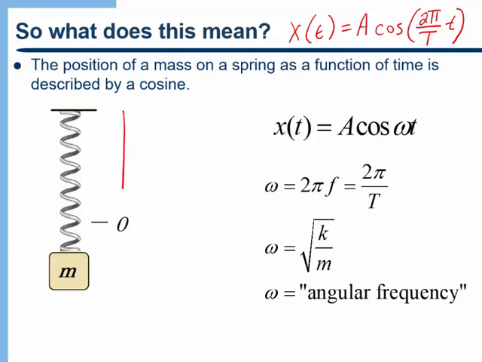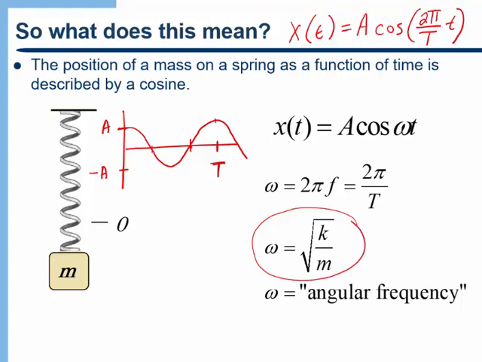So at this point, what we know is that a cosine function would describe simple harmonic motion. Notice that our value here would be a, the amplitude, and down here would be negative a, minus the amplitude. And we know that it would repeat every period T. But let's dive in and see, what does this tell us?